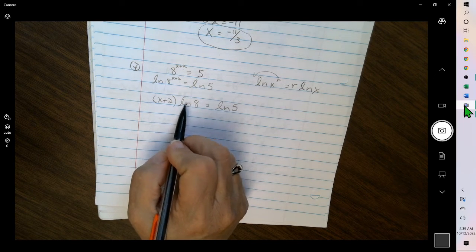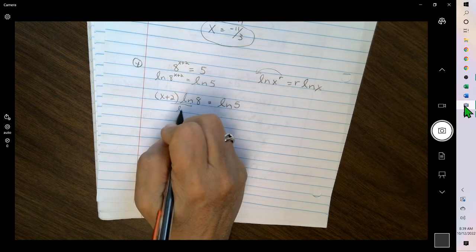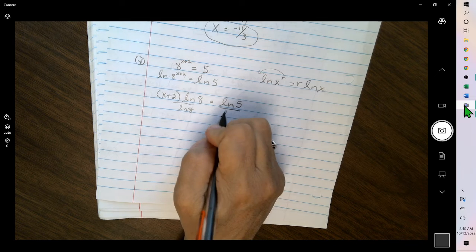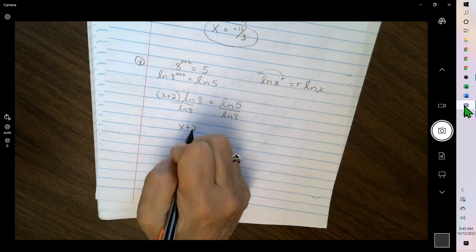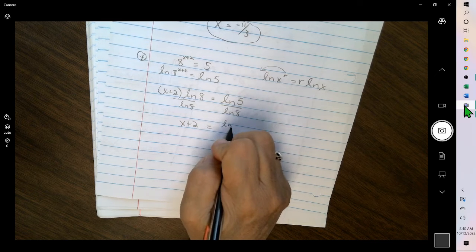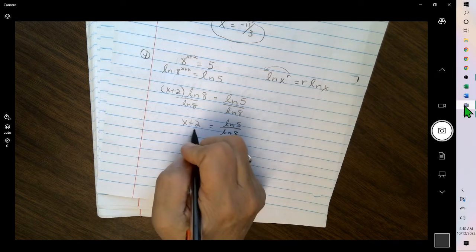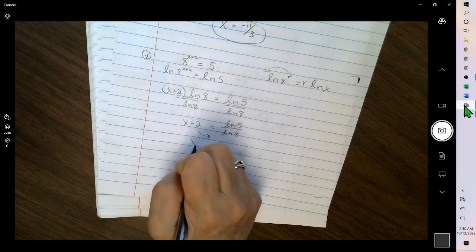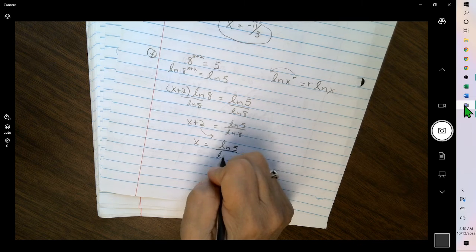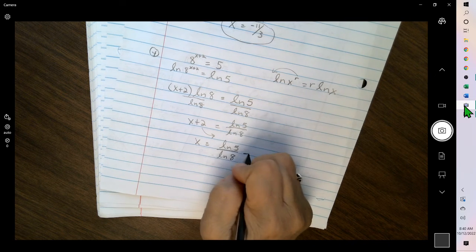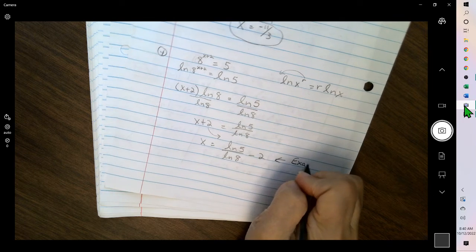Now we need to get rid of this. We can divide it. So that we have x plus 2 equals the natural log of 5 over the natural log of 8. And then just subtract the 2 to the other side. Natural log 5 over natural log of 8 minus 2. This is the exact value.